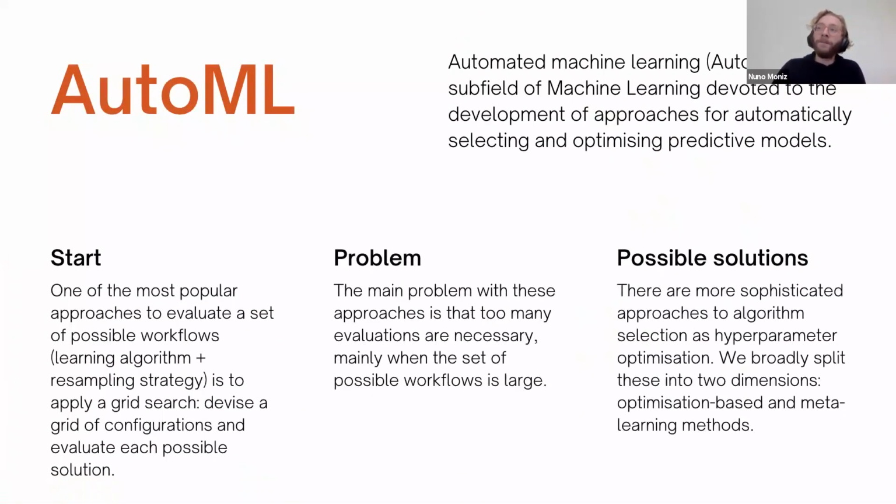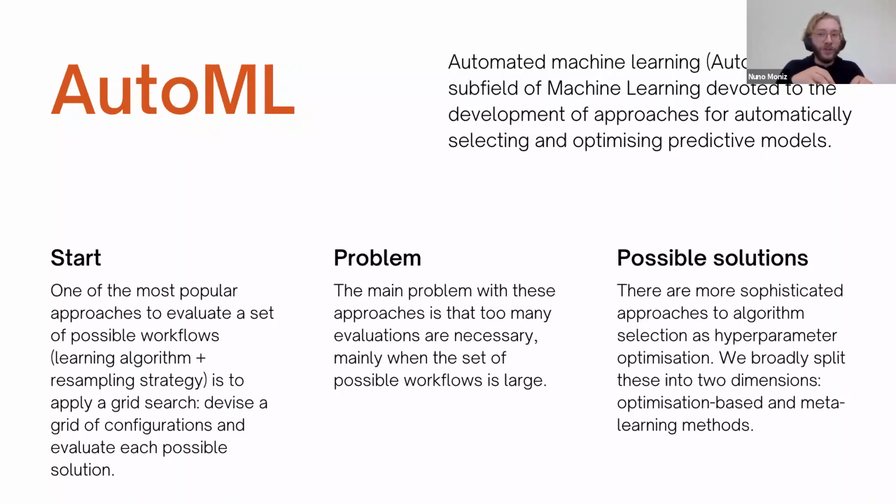And basically, just a short definition for automated machine learning. The goal is to develop approaches that will select and optimize these predictive models automatically. So we start from looking at what we have without that, which is basically we pick a big set of possible workflows, in this case, learning algorithms plus resampling strategies.